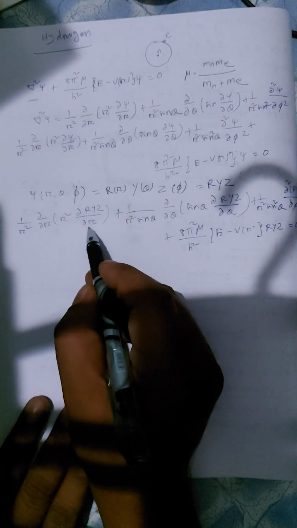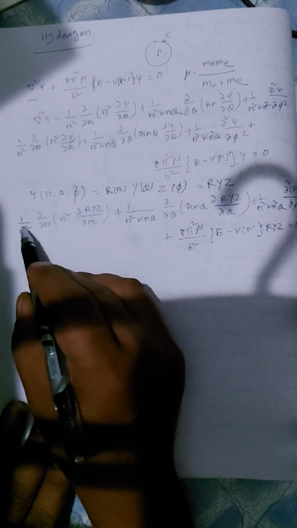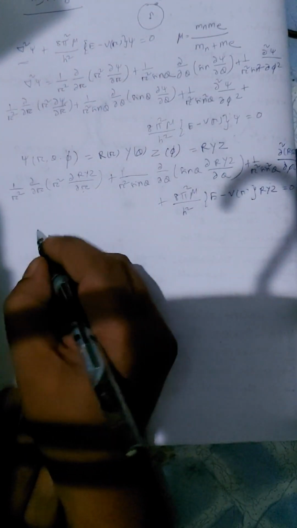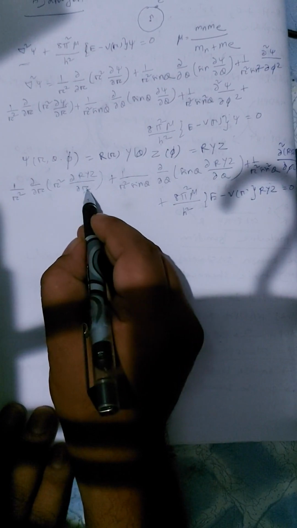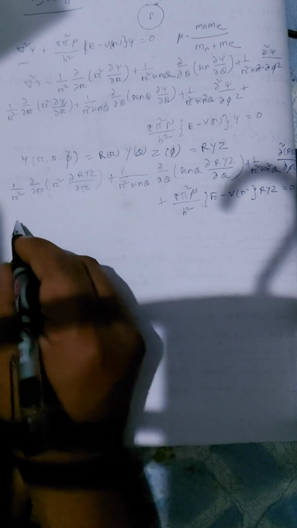You know, this one is a function of r, so Y, Z is constant. Just like the rigid rotator, the same process we have to do. R is a variable, so R is a function of r, and Y, Z is constant.